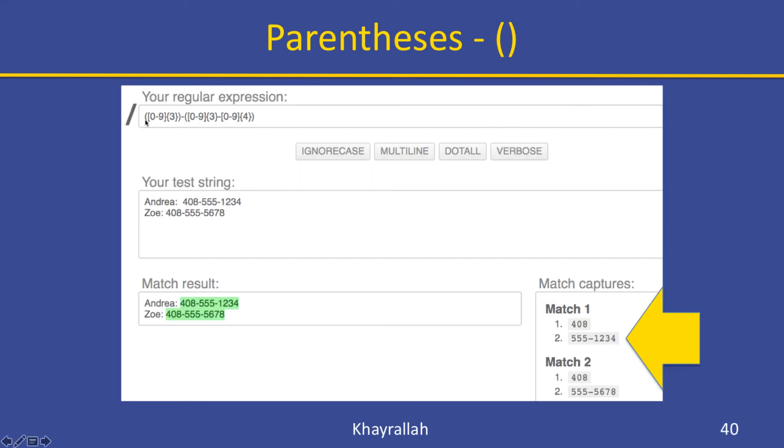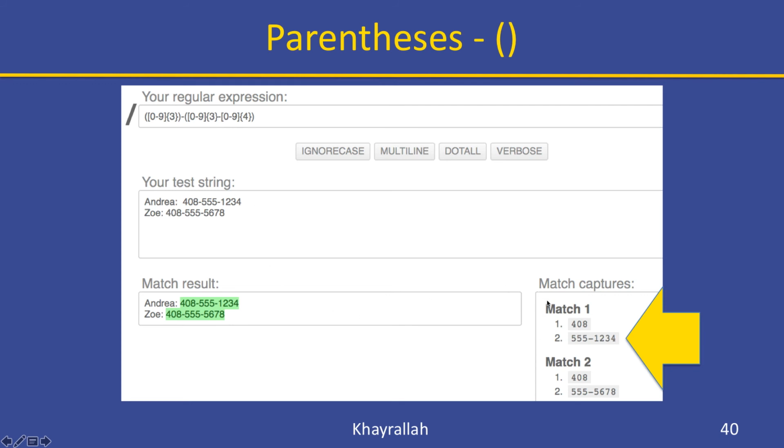So here we enclose the area code in parentheses, and then we enclose the following digits into another pair of parentheses. So I'm defining two capture groups here. The first capture group gives me the area code, and the second capture group gives me the rest of the phone number.